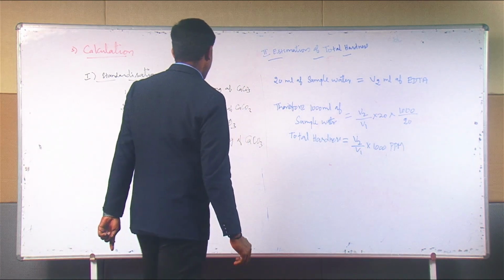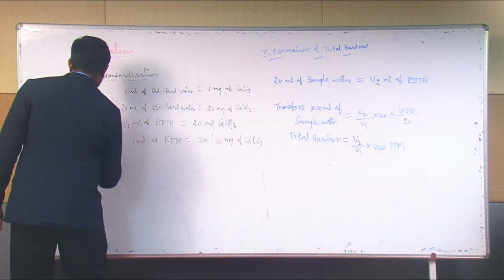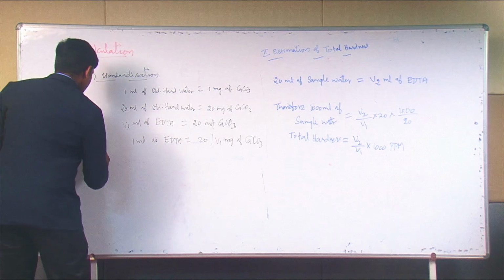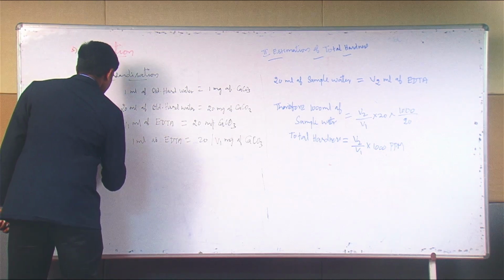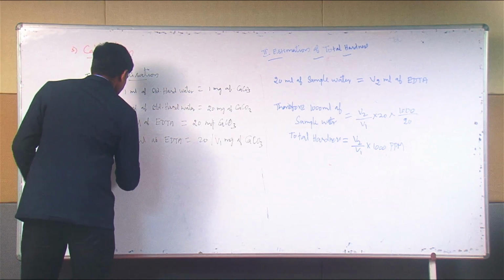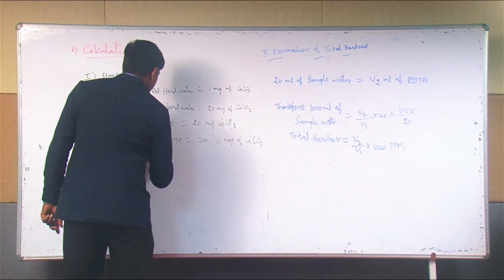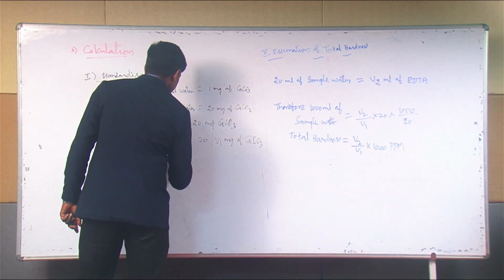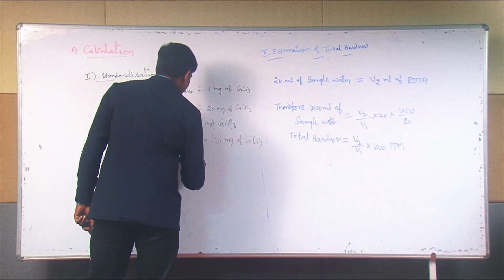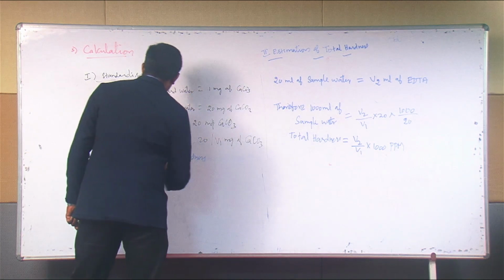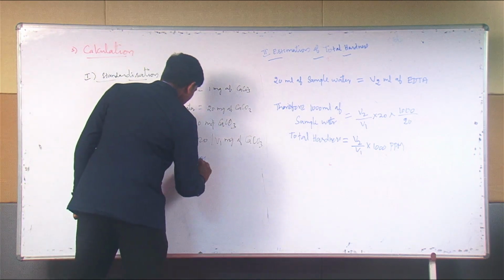And the third part is the estimation of permanent hardness. In the estimation of permanent hardness, the hot water is boiled.